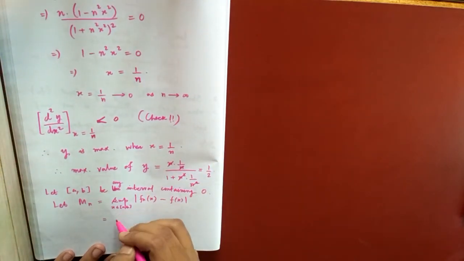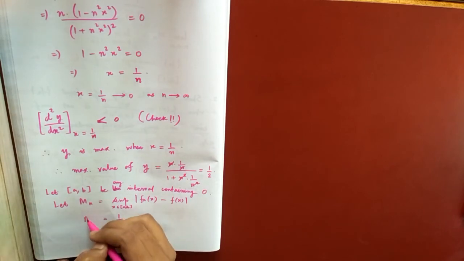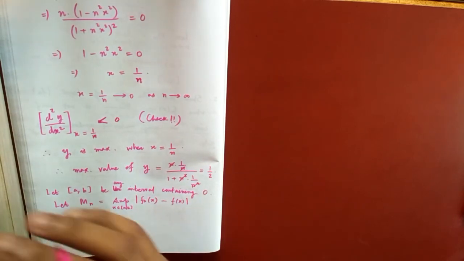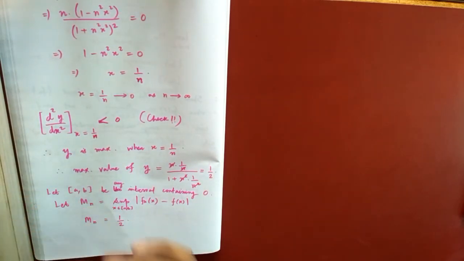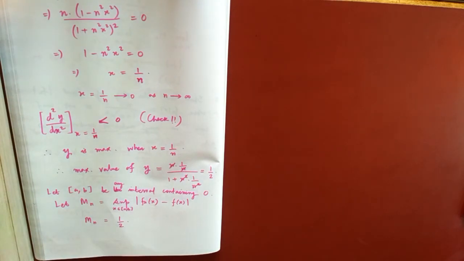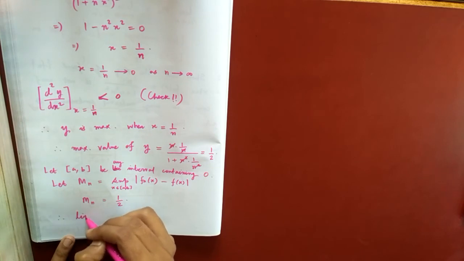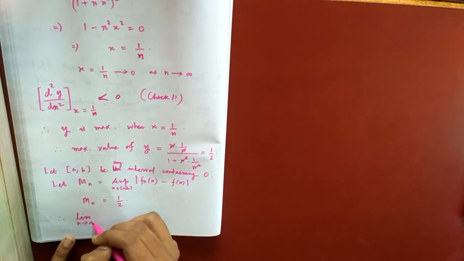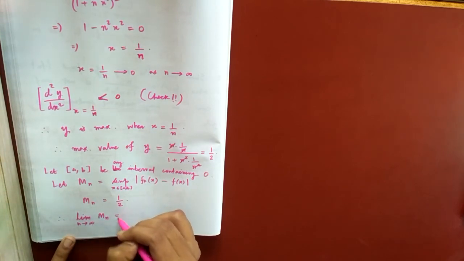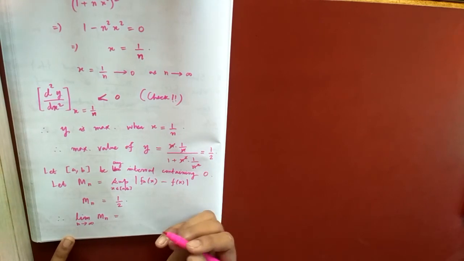So what is the maximum value? It is going to be half. So Mn is coming as half for all n in natural numbers. So you tell me, what is limit Mn?